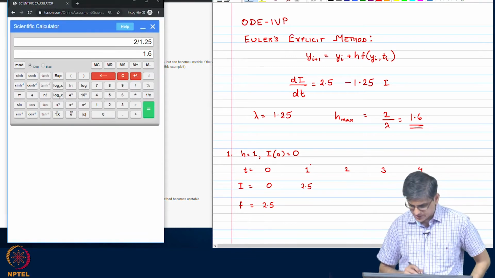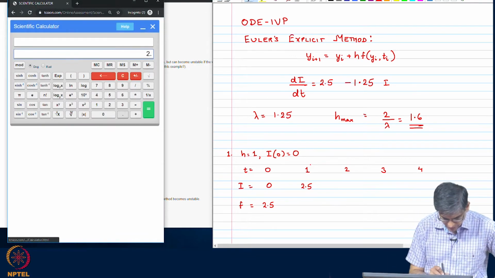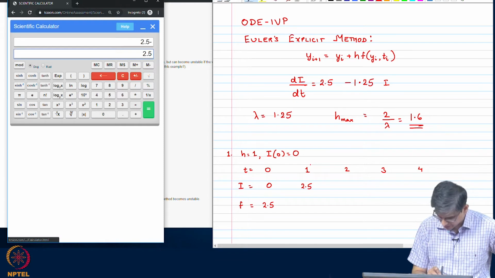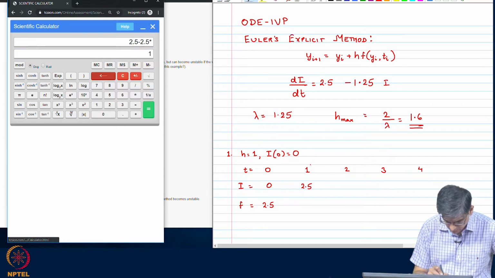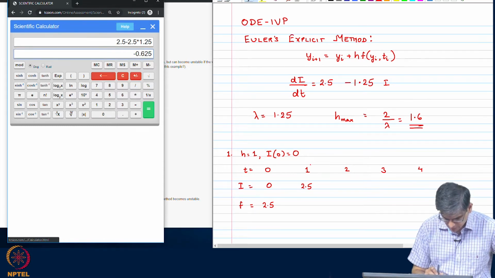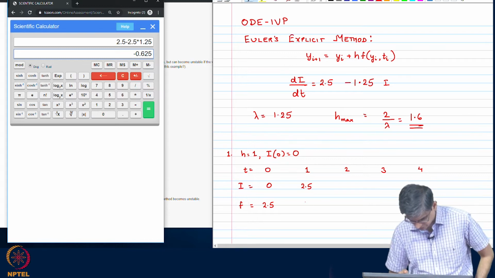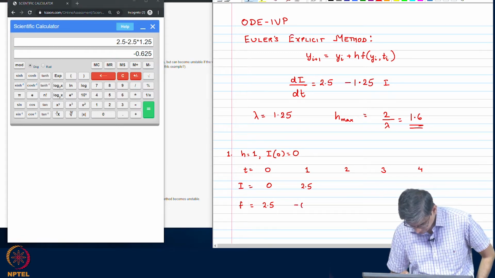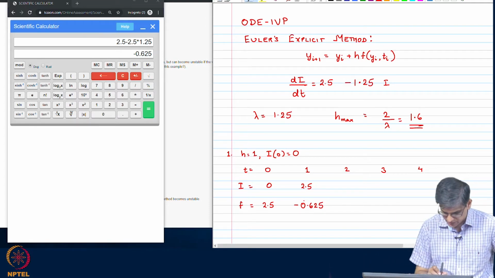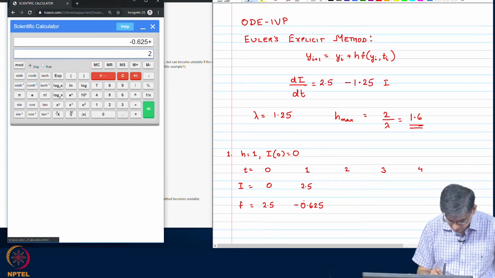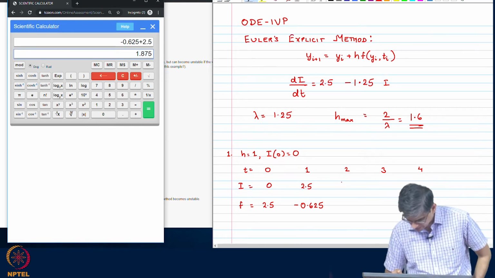Then f is 2.5 minus 1.25 into 2.5, which equals minus 0.625, so I is 2.5 minus 0.625, which is 1.875.